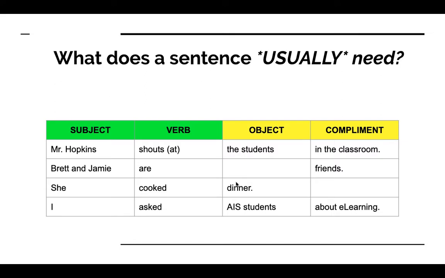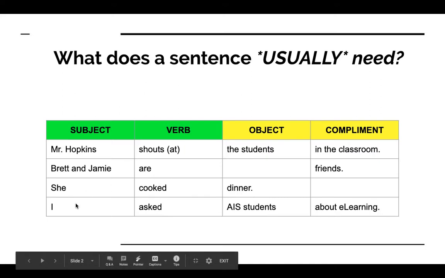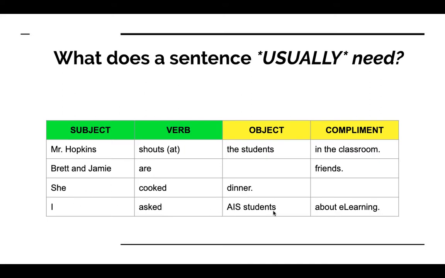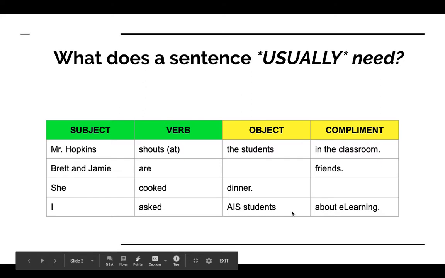Dinner is the thing she cooked. That is the object. If I throw something at Ali's head, the thing which I throw is the object. At Ali's head would technically be an indirect object. I asked AIS students, they are the object. I'm the subject, I'm the person who did the asking, and they are the person whom I asked.